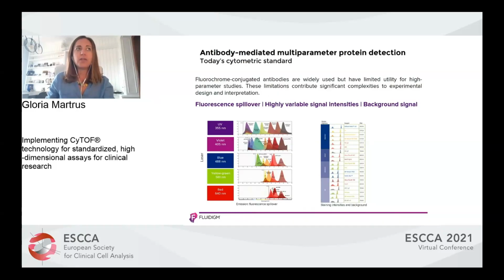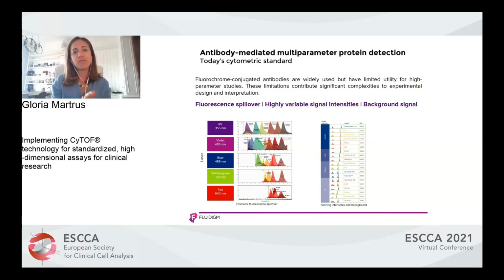So you might very well know how flow cytometry works. This is just a small summary. We have antibodies that are linked to fluorochromes. Flow cytometry has helped us enormously in the last years to measure everything we needed, but it does have some limitations. One of the limitations is that, due to the physical nature of fluorochromes, there is fluorescence spillover.